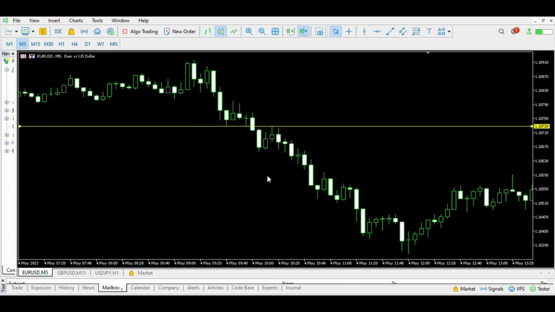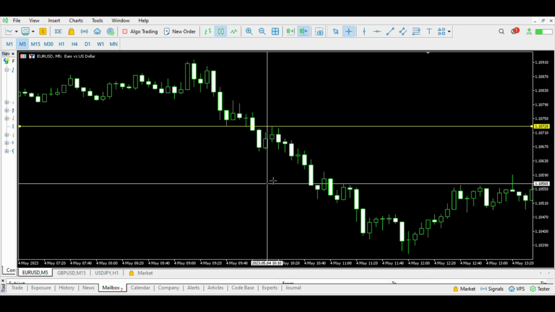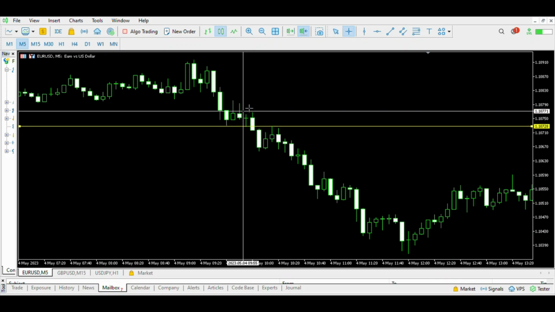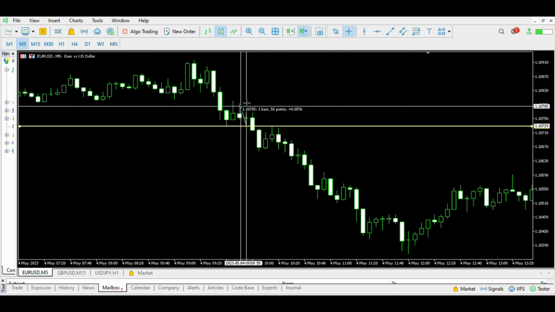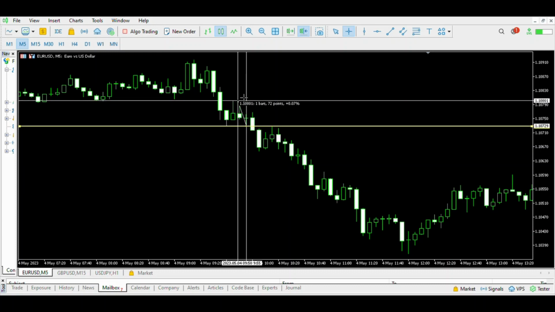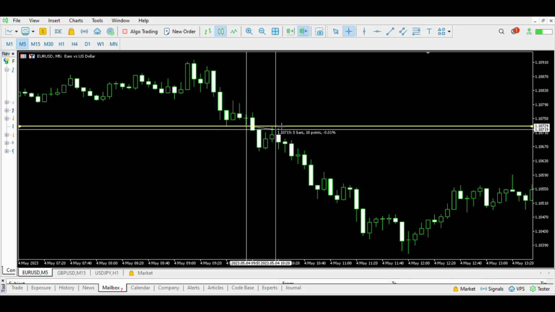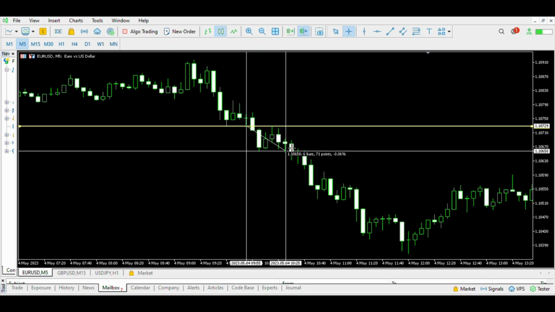Previously I said our TP should be based on this move here. Our risk is here, 7 pips. So if I was to go for a 1-to-1, I want 7 pips ideally, and I get it there.